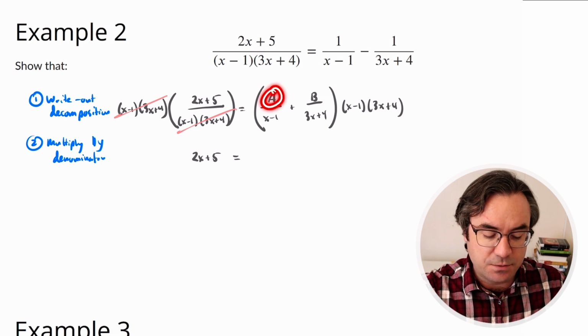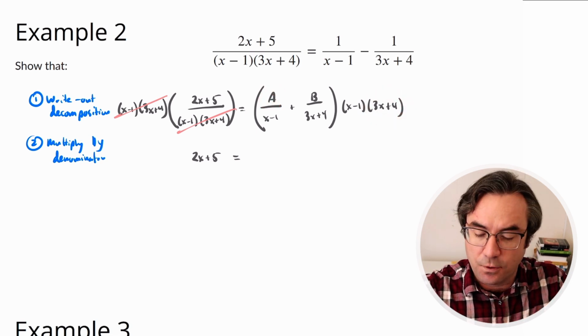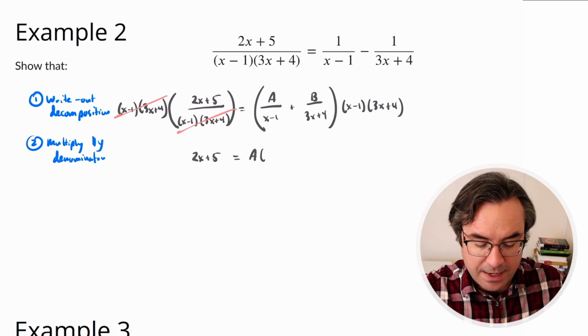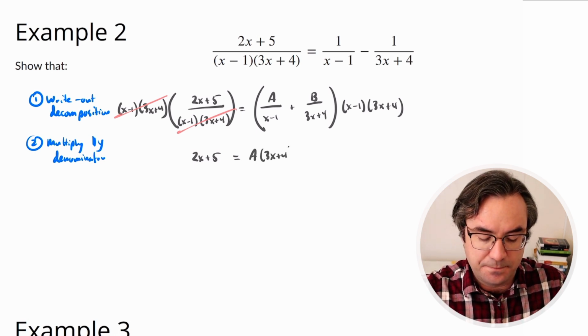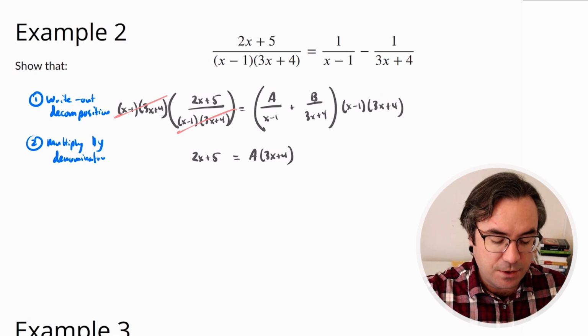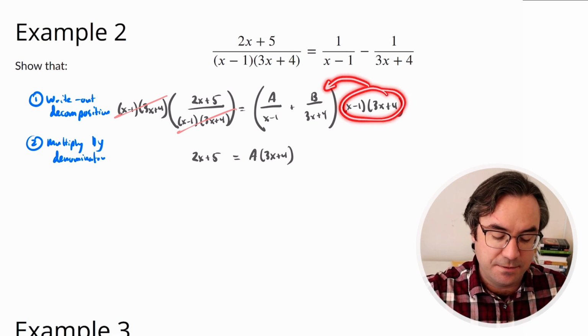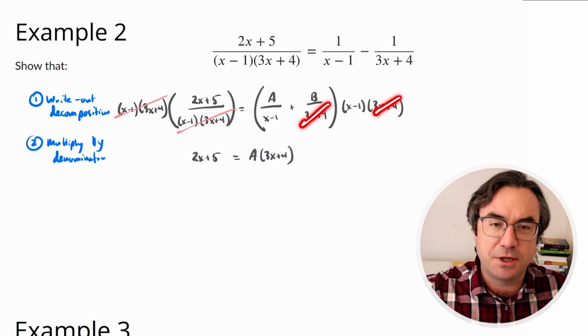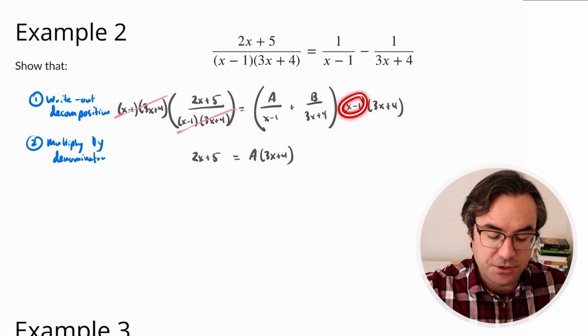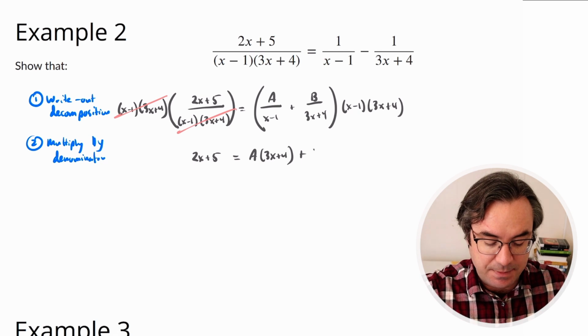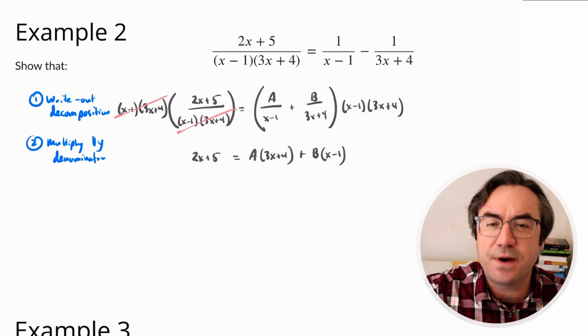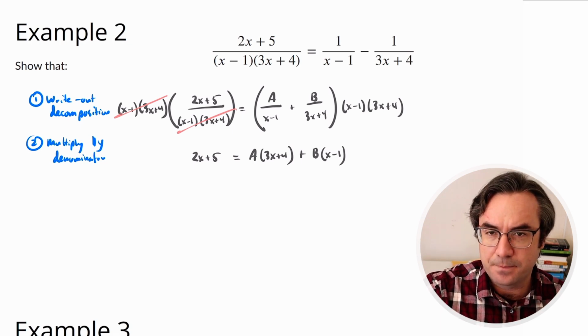So that's just going to leave us with a times the 3x plus 4. So kind of like the opposite term there. And when we distribute this to our b fraction, in that case, the 3x plus 4s are going to cancel, and it'll just be the b times x minus 1. So we get this simplified equation to work with.